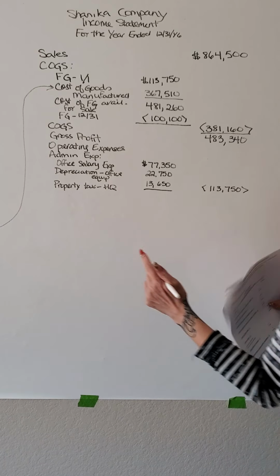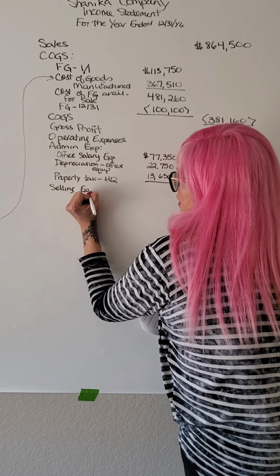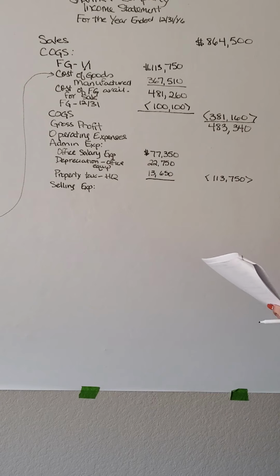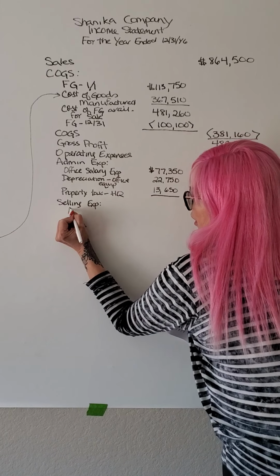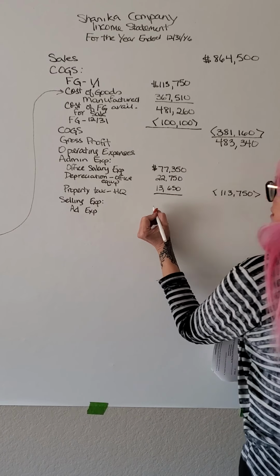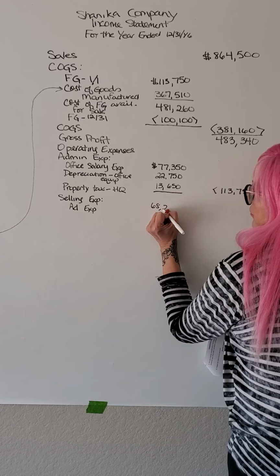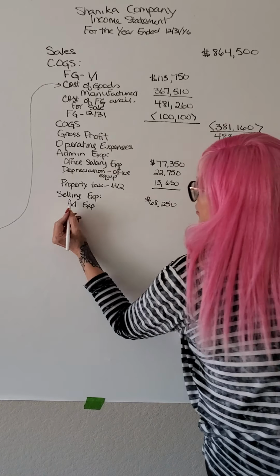And then I've got my selling expenses. Remember, selling expenses are those costs associated with getting the finished goods into the hands of our customers. So we've got our advertising expense of $68,250. And then we've got sales salaries.